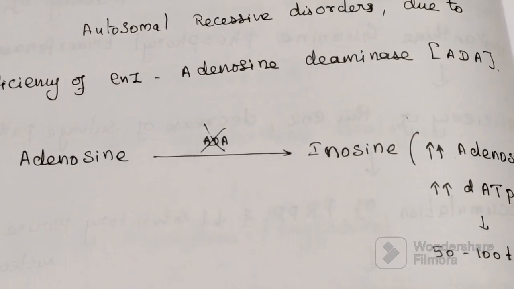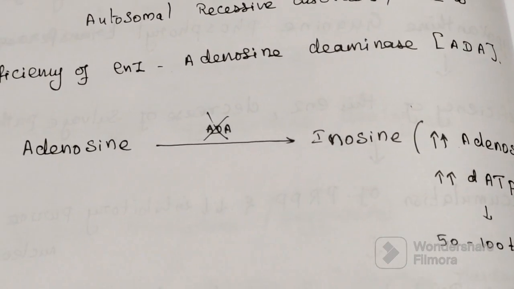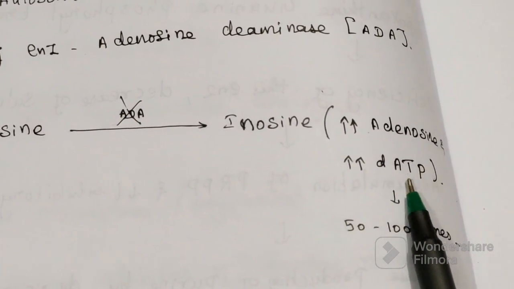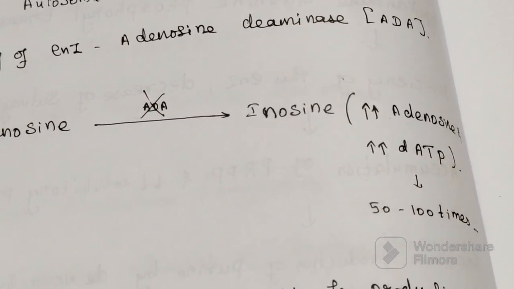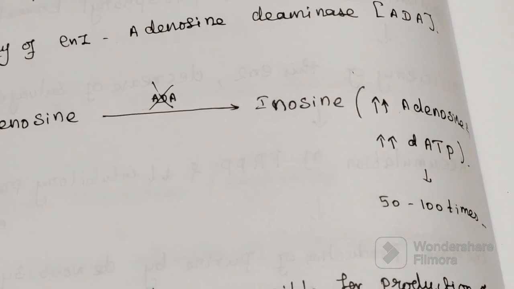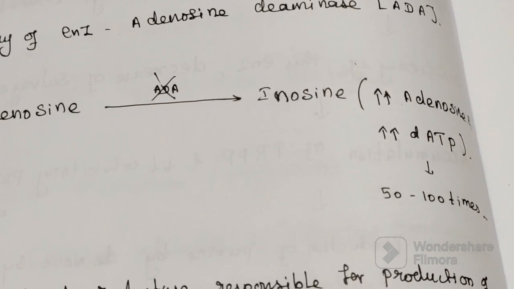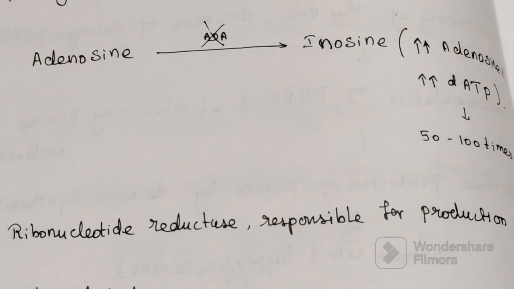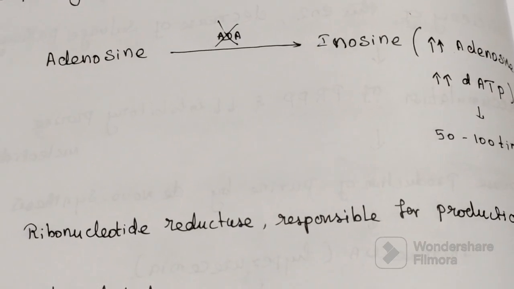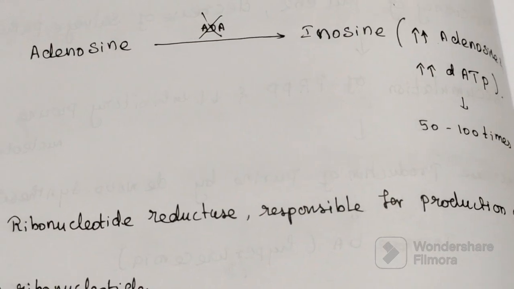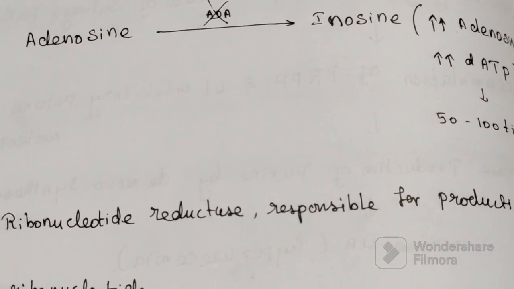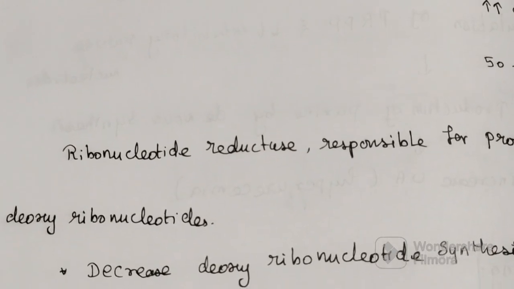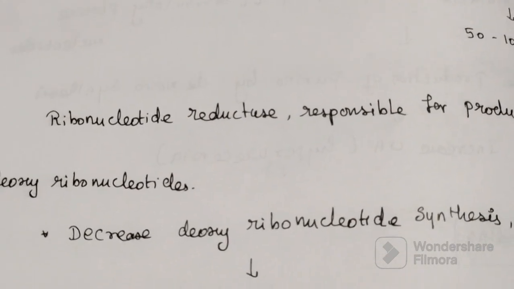That is why adenosine increases, and dATP increases up to 50 to 100 times. This inhibits the enzyme ribonucleotide reductase, which is responsible for production of deoxyribonucleotide.